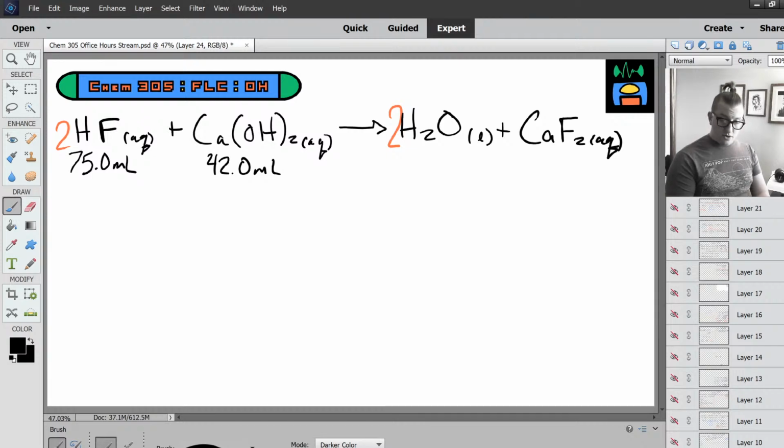We're given the molarity here, 2.08 molar, and then we're asked how many grams.